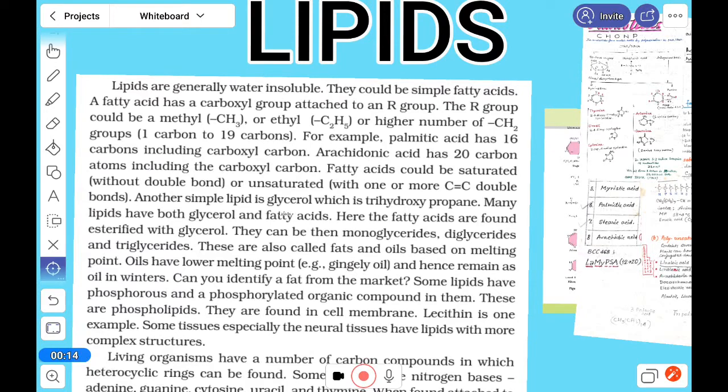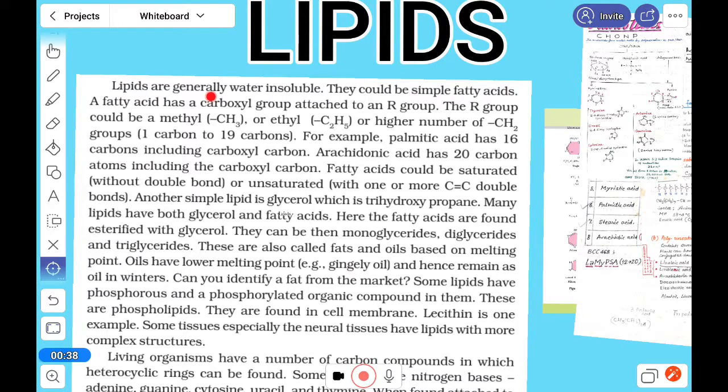Lipids can be defined to be esters of higher aliphatic acids with alcohol. Here it will be glycerol. It is insoluble in water but soluble in fat solvents like ether, benzene, chloroform, etc. So it is ester, acid and alcohol.